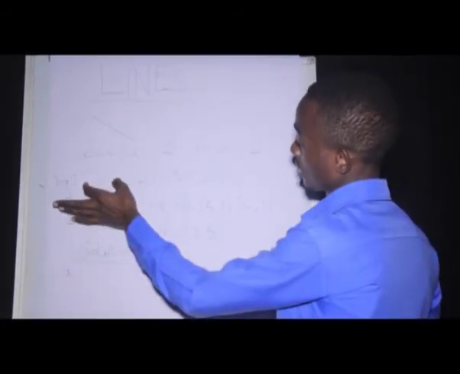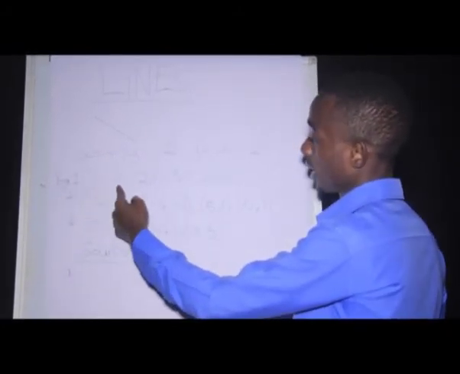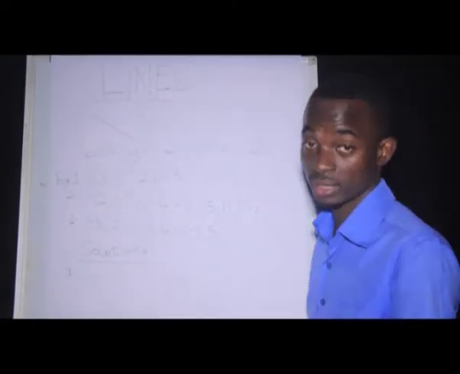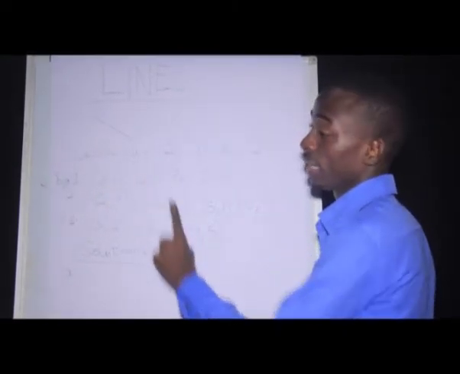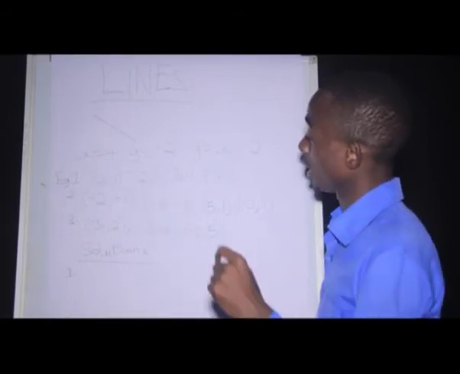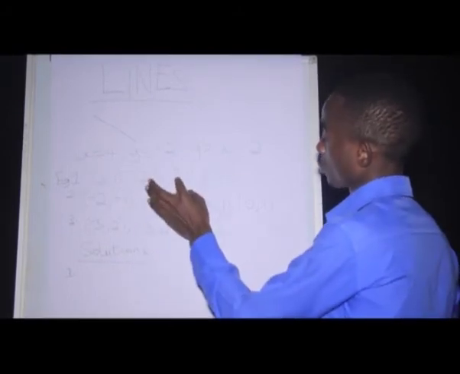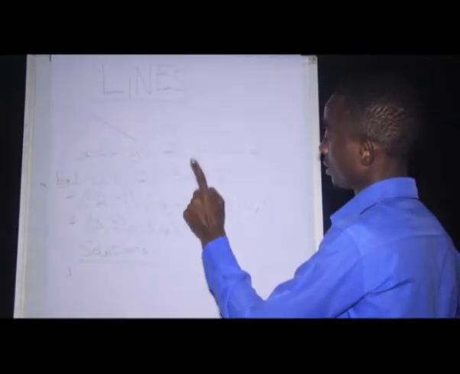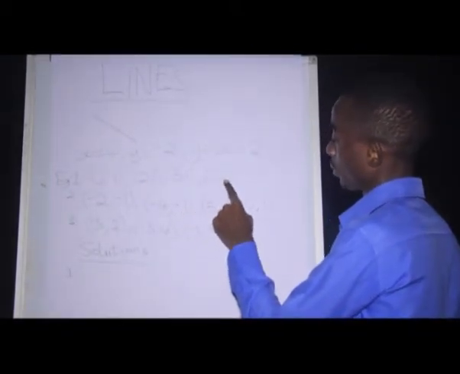Here, 0 is the x-coordinate, 1 is the y-coordinate. Here 2 is the x-coordinate and 1 is the y-coordinate. Here 3 is the x-coordinate, 1 is the y-coordinate, and 10 is the x-coordinate, 1 is the y-coordinate.